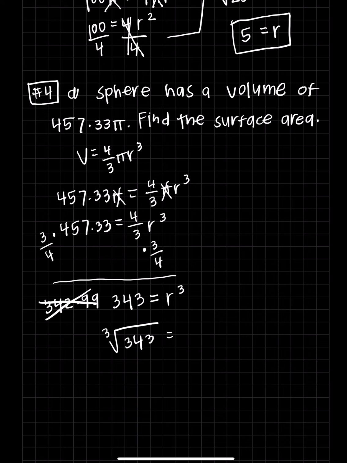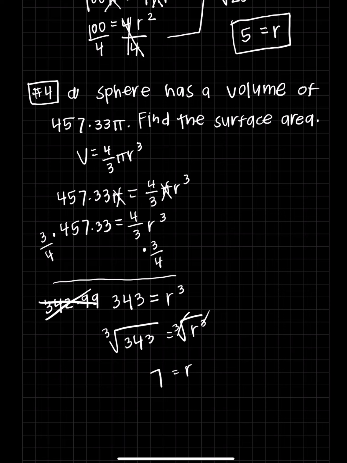The cube root of 343 is equal to the cube root of r cubed. And then the cube root and the cube will cancel each other out. We're just left with r. And the cube root of 343, let me just double check, is 7. So now I know that the radius is equal to 7.